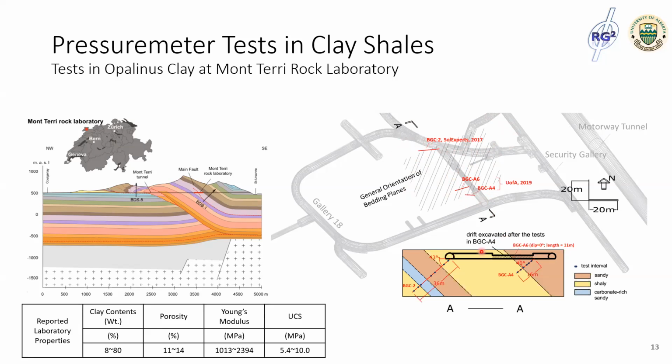Borehole BGC-A4 was drilled perpendicular to the bedding plane, and borehole BGC-A6 was drilled parallel to the bedding plane, following the strike of the bedding. So we're expecting different behaviors of the testing data because it was loaded with different orientations with respect to the bedding plane in these 2 boreholes.